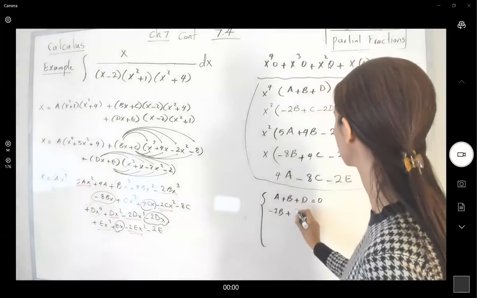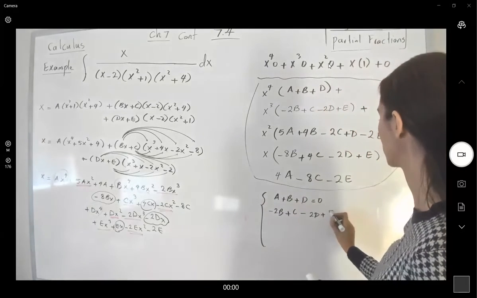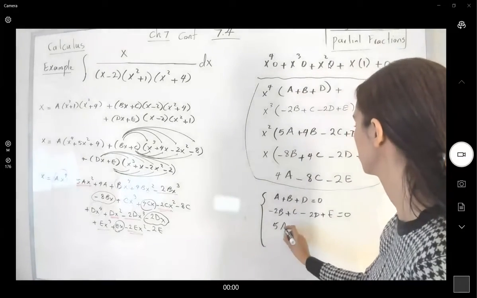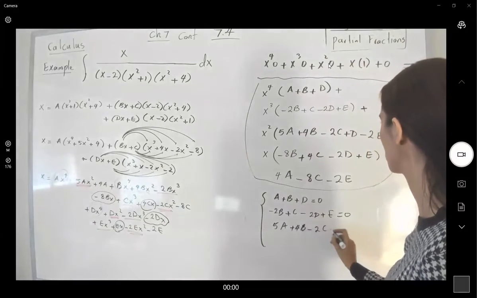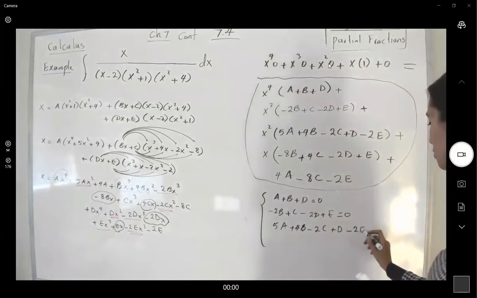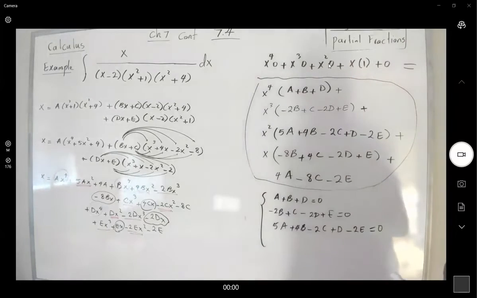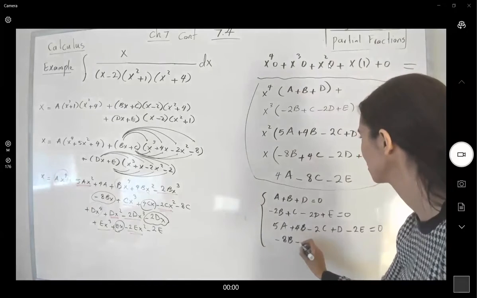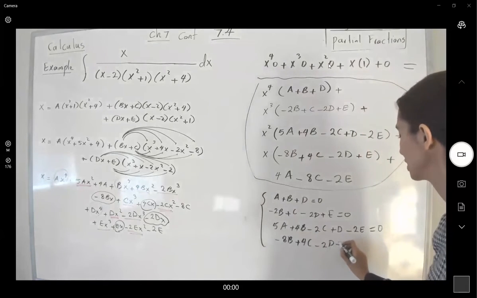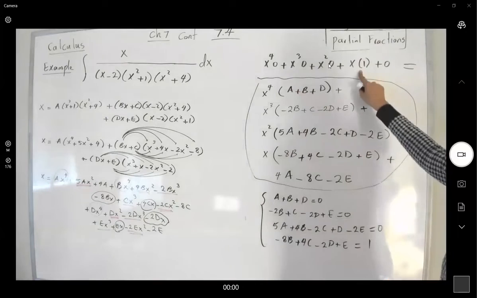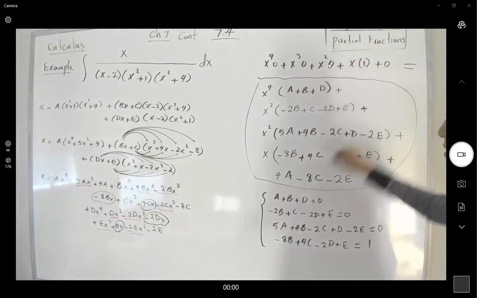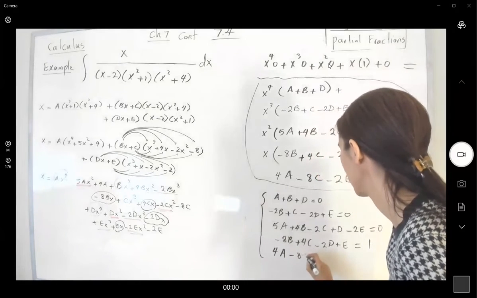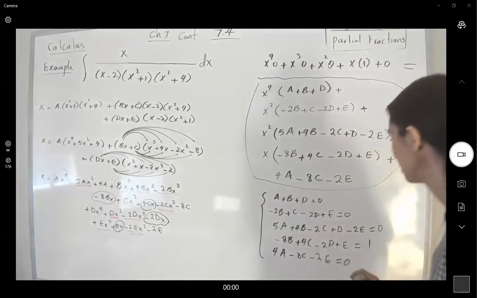Negative 2B plus C minus 2D plus E is also 0. Then you have 5A plus 4B minus 2C plus D minus 2E is also 0. This guy is equal to 1. Negative 8B plus 4C minus 2D plus E is 1 because the coefficient of x is just 1 and the constant is also 0. Okay. 4A minus 8C minus 2E is 0.